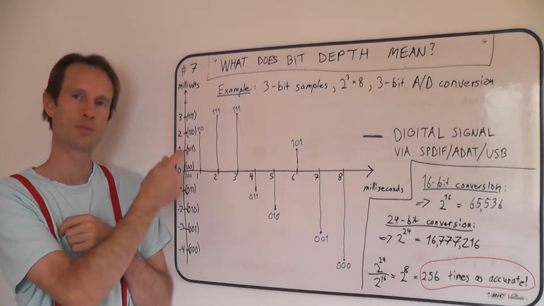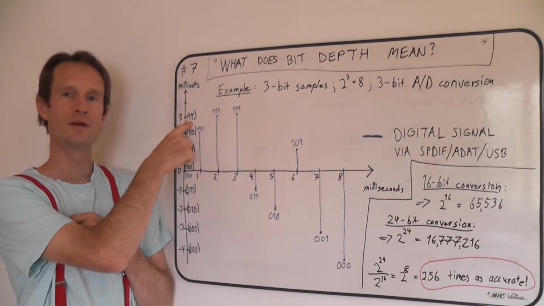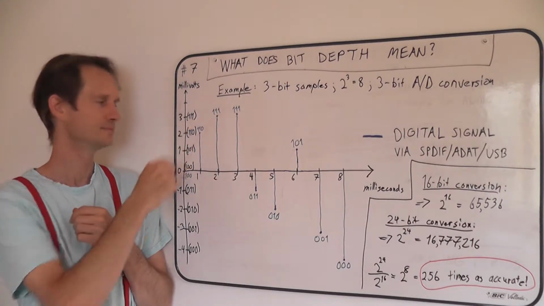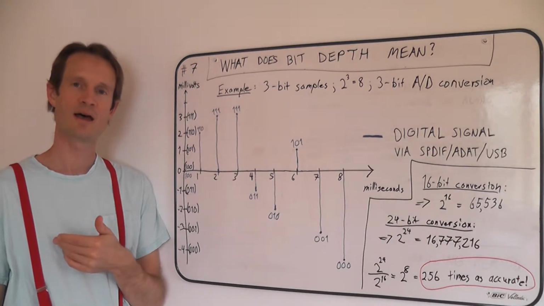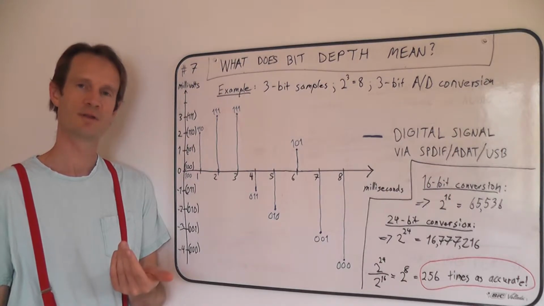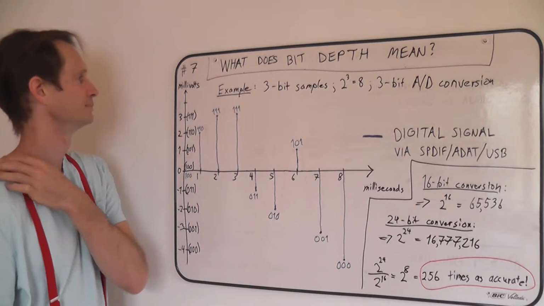Here I'm just counting upwards in binary, all the way up to 111, the highest 3-bit integer that I can encode in binary. Just like 999 is the highest base 10 number, the numbers that we're used to working with, that we can encode with 3 digits in our base 10 number system.